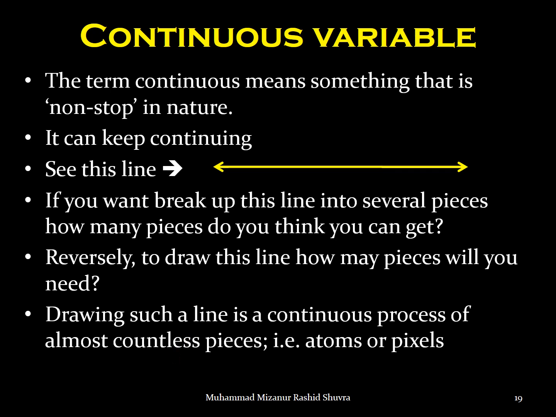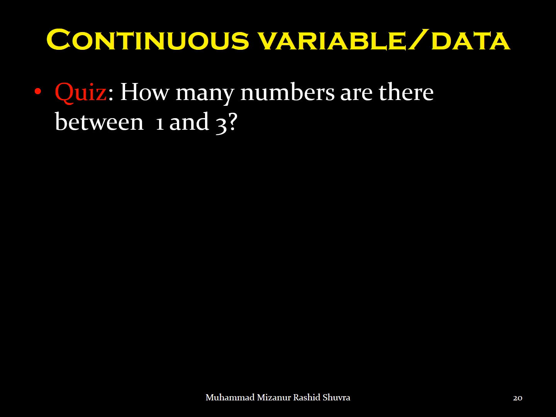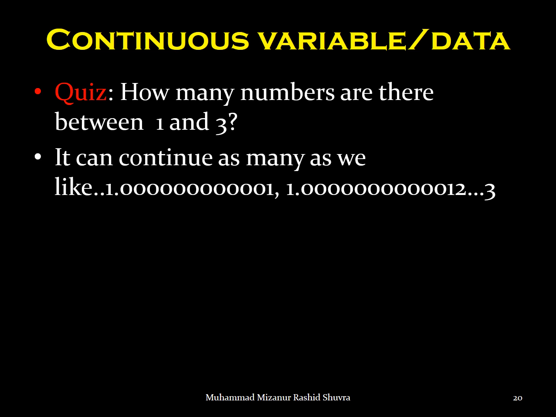Okay, so you will be able to understand this very easily. Look at this. How many numbers are there between 1 and 3? Just like I said. Okay, it can continue as many as we like. You can start, okay, 1 point, a lot of zeros, and then 1.12, and then more, and then with that I may be having zillions or gazillions of numbers between 1 and 3.